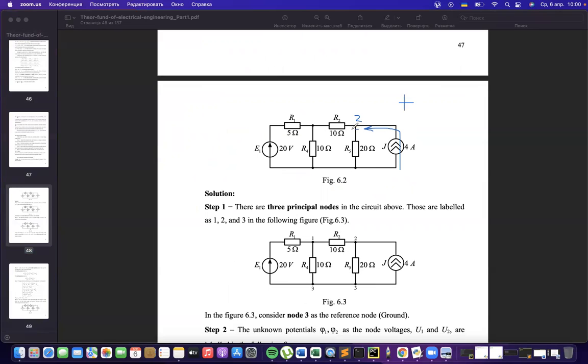If we have some source oriented opposite to this point, then this source will be with minus. We are looking just at the direction, comparing with the point for which we are making the equation.